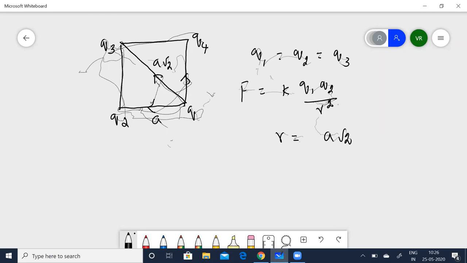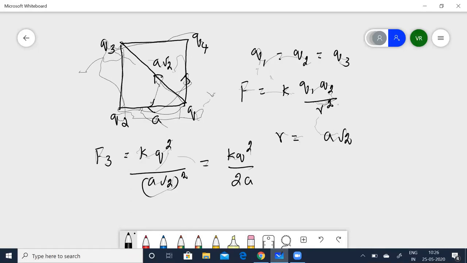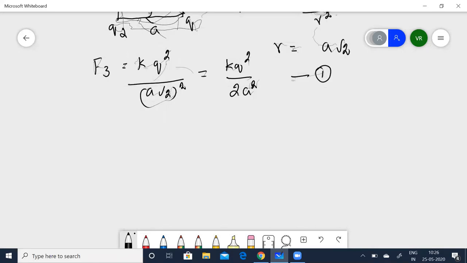So F3, the force along the diagonal, is given by k q squared divided by a root 2 the whole squared, which is equal to k q squared by 2a squared. Let us keep this as 1. Next, let us calculate F2.